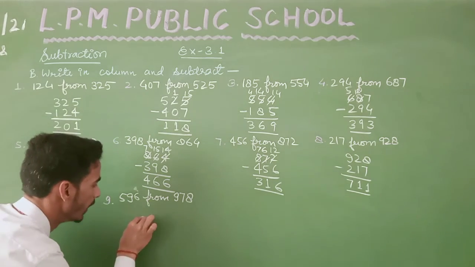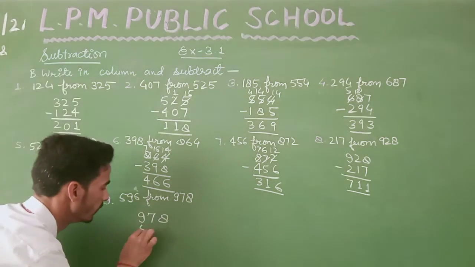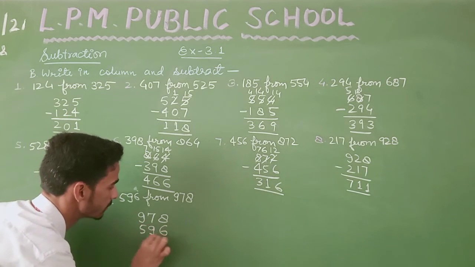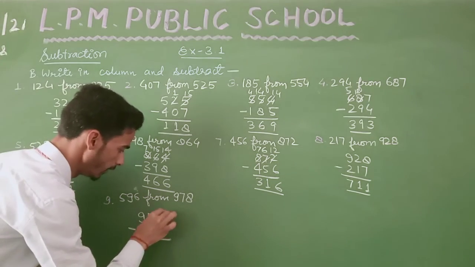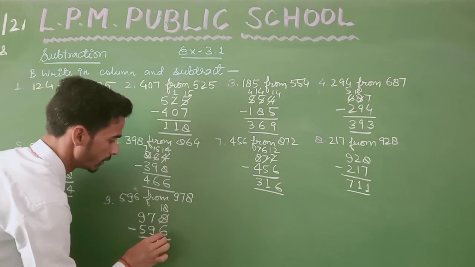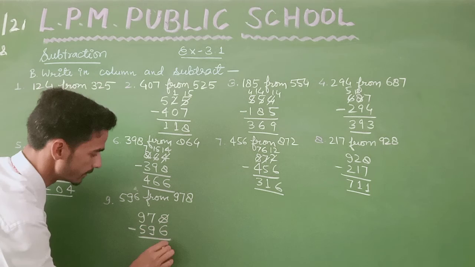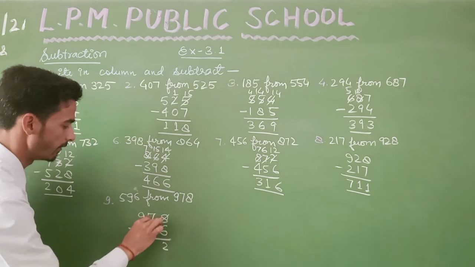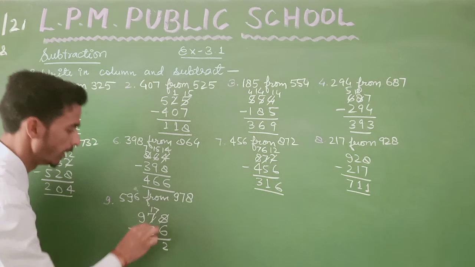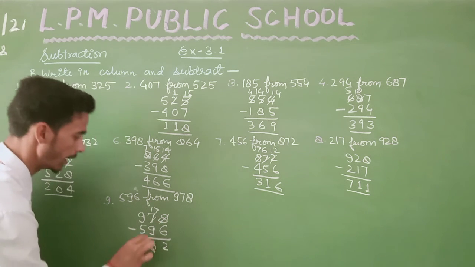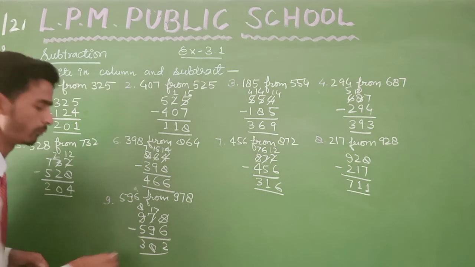So 978 minus 596. Now we have to subtract 18 minus 6, sorry, 8 minus 6, 2, and 17 minus 9, 8, and that will be 8. 8 minus 5, 3. That is 382.